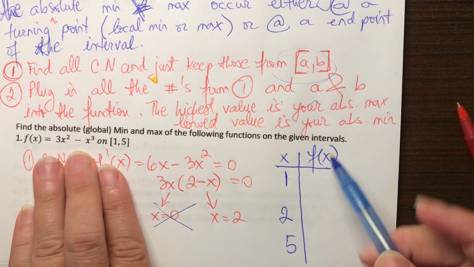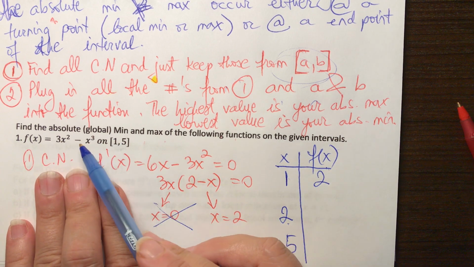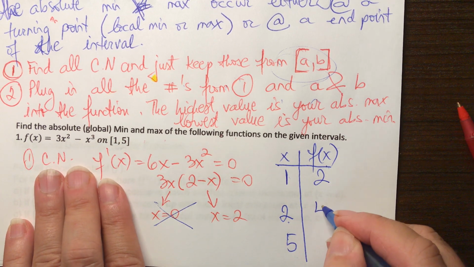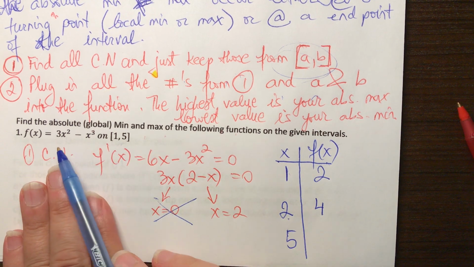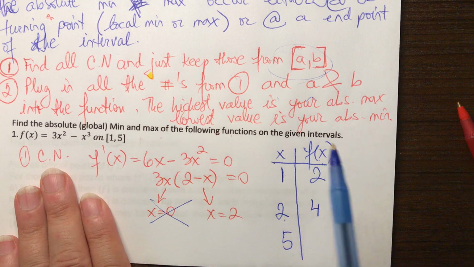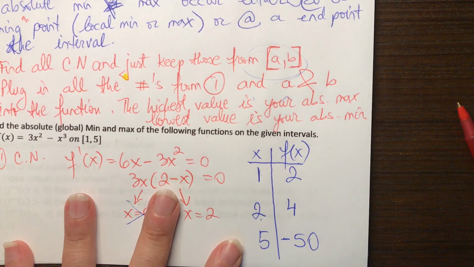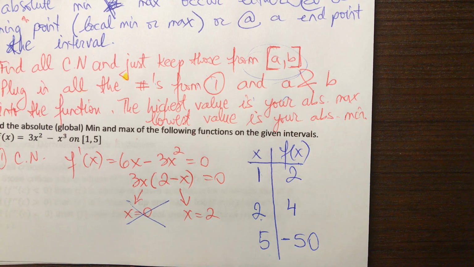Plug in a 1, so 3 minus 1 is 2. Plug in a 2. 3 times 4 is 12, minus 8 is 4. Plug in a 5. 3 times 25 is 75, minus 125, that's a negative 50. Okay, and that's an easy decision. Which one's your highest value? This one.